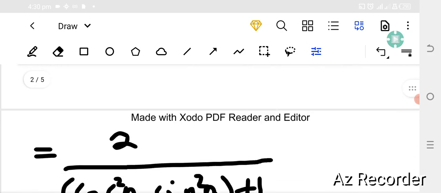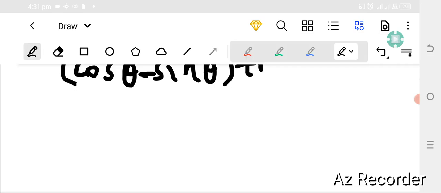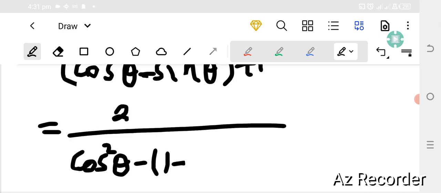So what we are going to do is write sin theta squared in the form of cos theta squared, because we want to remain with only something having cos theta, is equal to 2 divided by, we have a cos theta squared, minus, we have sin theta squared is 1 minus cos theta squared. That's what we have.